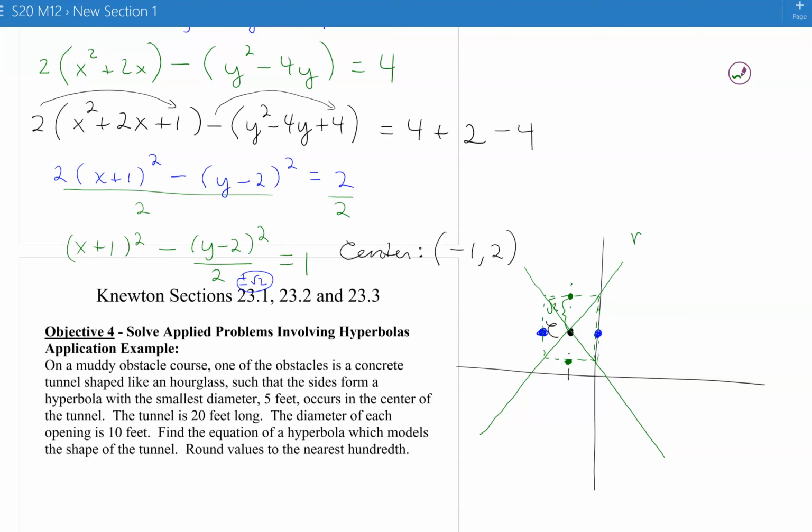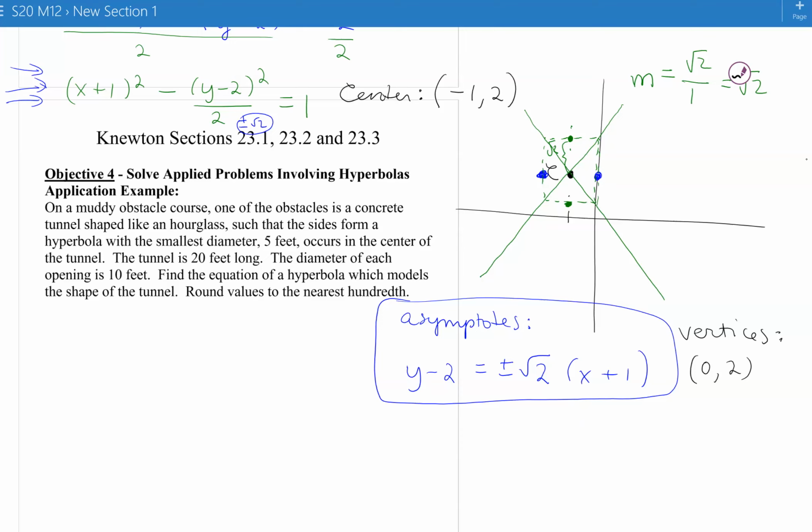Then the x term is first in the equation. So that means I open right, left, and the blue dots are the vertices. So let's write what those are. Vertices are the blue dots, 0, 2, and negative 2, 2.